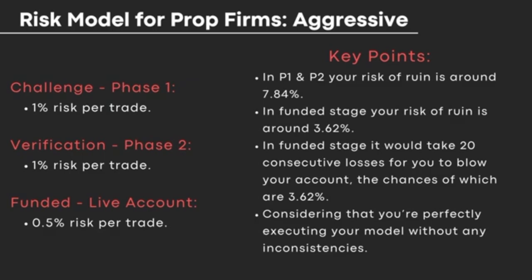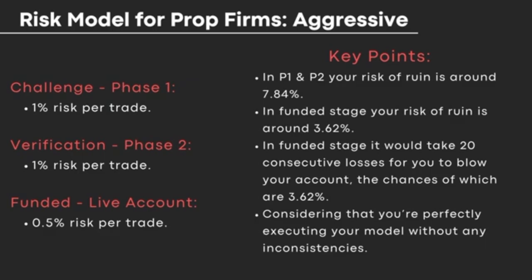And then in funded stage, your risk of ruin is around 3.62% because you are risking 0.5%, and it means there is only a 3.62% chance of you blowing your account even if you're fully following your plan consistently with all those parameters and metrics that I showed you earlier. And obviously, if you move away from your plan, this value increases once more.